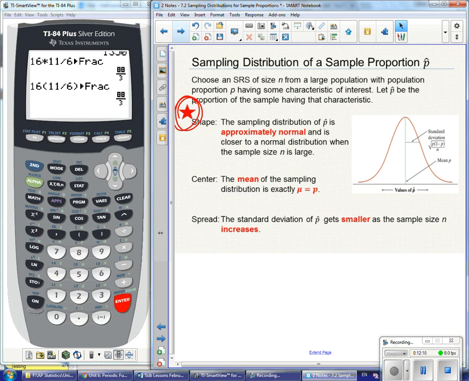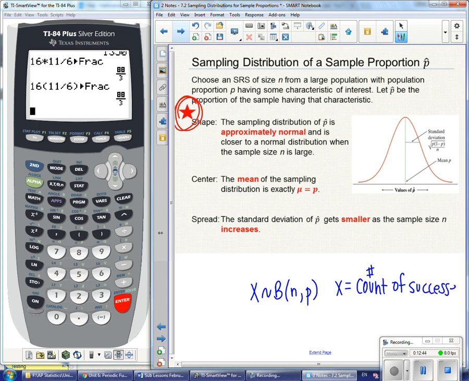When we're looking at the sampling distribution of the sample proportion, we're no longer looking at the distribution of individual outcomes. Now I'm looking at a sample where I've looked at the number of successes and I've divided it by my sample size. So it's sort of like the binomial setting, except this time my random variable is not the count of successes. Remember, in a binomial setting, x represented the count or the number of successes.